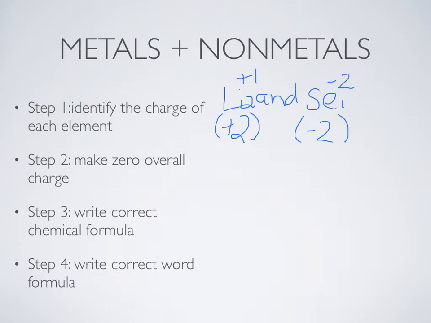Now to write the correct formula, I write Li2 Se1. Note that I don't include this one because it's assumed. The word formula would be lithium selenide.